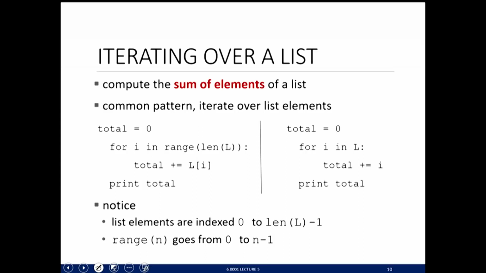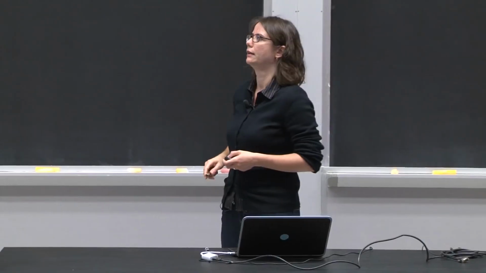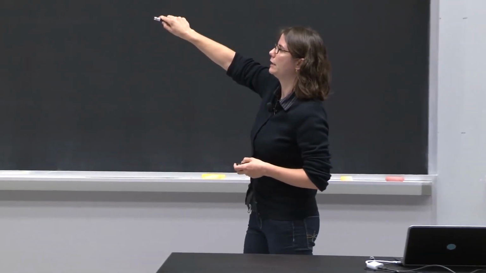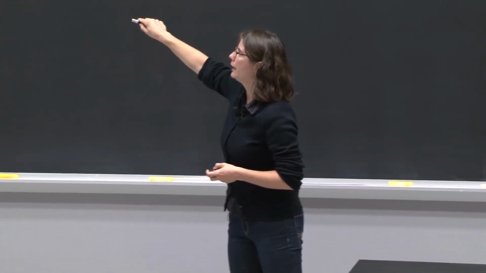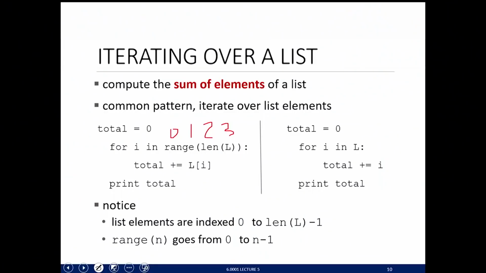They do the exact same thing, except on the left, you're going through 0, 1, 2, 3, and so on, and then you're indexing into each one of these numbers to get the element value. Whereas on the right, this loop variable I is going to have the element value itself. Okay? So this code on the right is a lot cleaner.